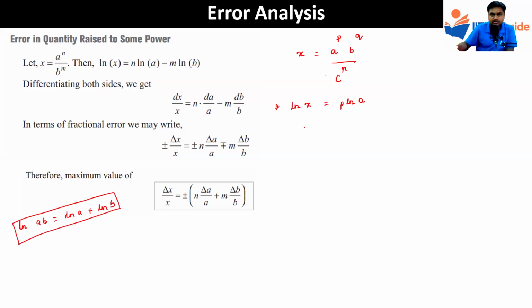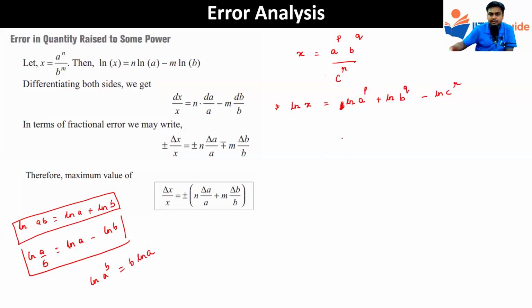Therefore we can write ln a to the power p plus ln b to the power q minus ln c to the power r, because ln a by b is equal to ln a minus ln b. Then ln a to the power b will be equal to b ln a. So this becomes p ln a plus q ln b minus r ln c.